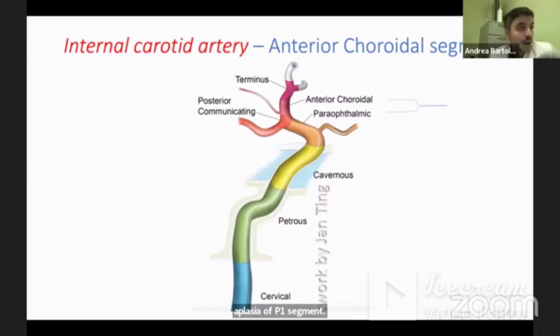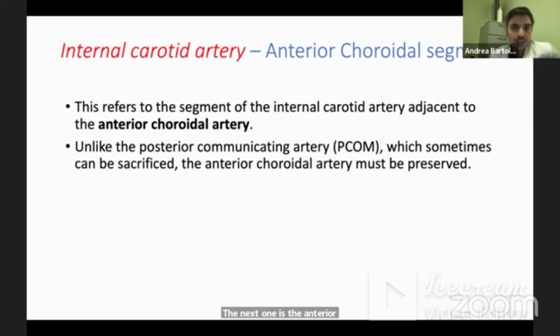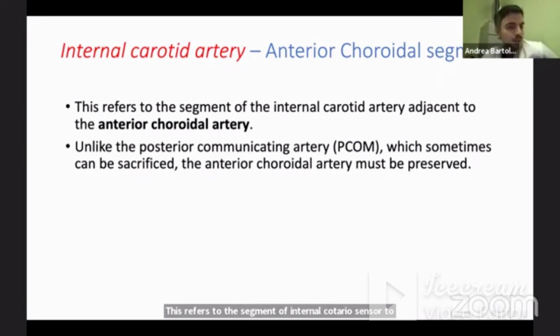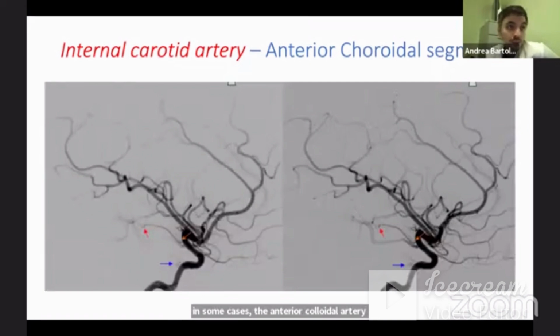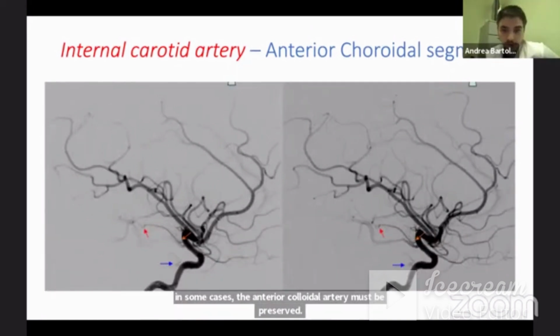The next one is the anterior choroidal segment of the ICA. This refers to the segment of the internal carotid artery adjacent to the anterior choroidal artery. Unlike the posterior communicating artery, which sometimes can be sacrificed in some cases, the anterior choroidal artery must be preserved because it's a terminal artery.